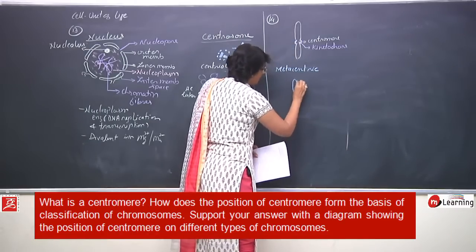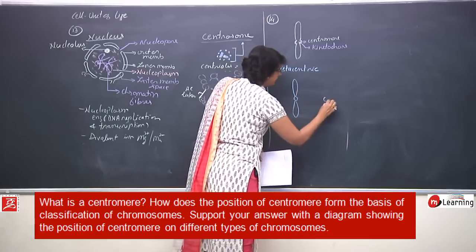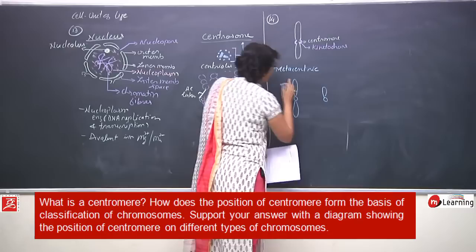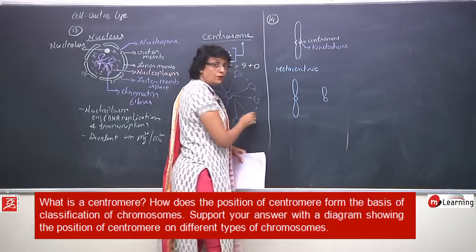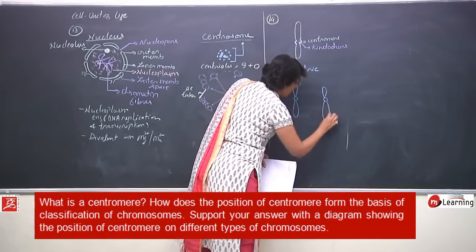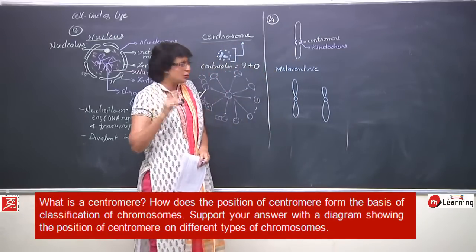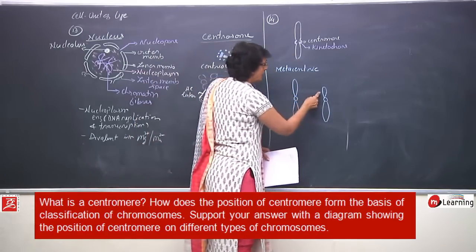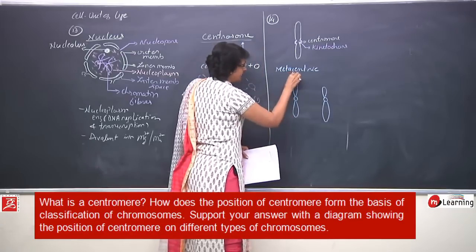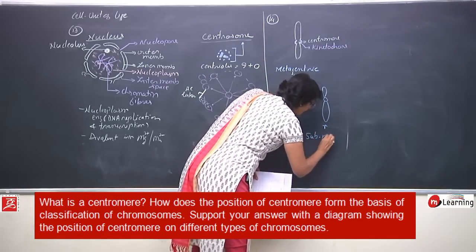Let me draw all 4 here. This is metacentric, in which both the arms are of the same length. The second one has one arm longer than the other, so one arm is long and the other is short. This one is submetacentric.